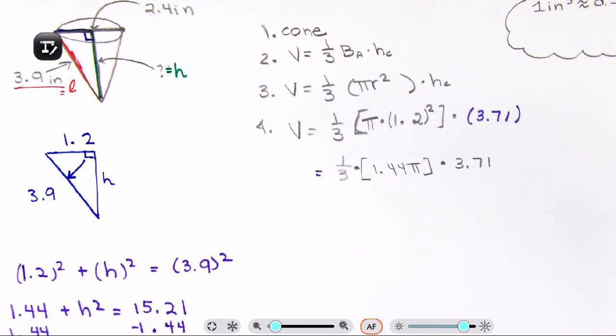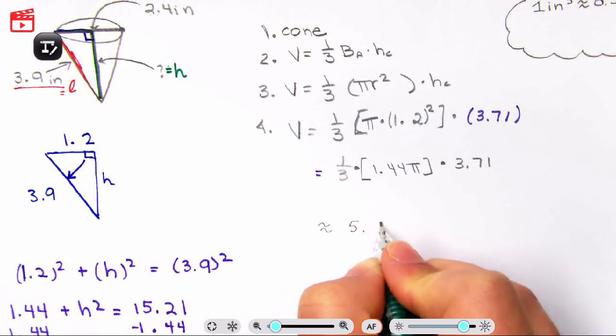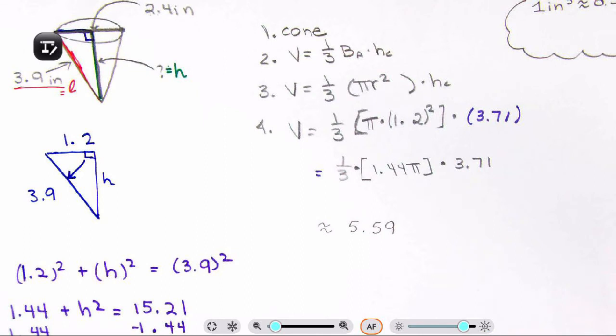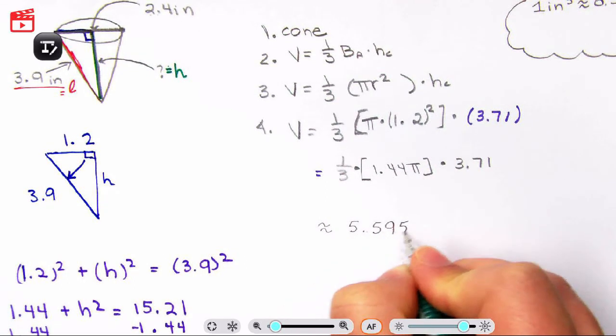So if I were to type this into my calculator, 1/3 times 1.44 pi times 3.71 equals, that gives me a rounded answer of 5.595.